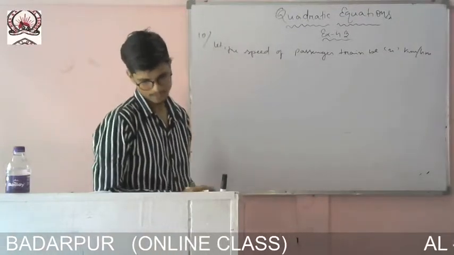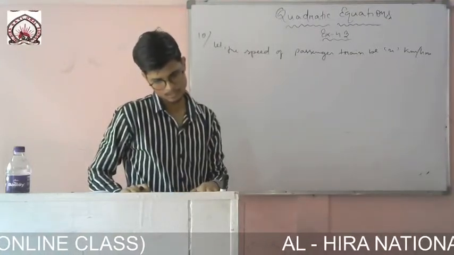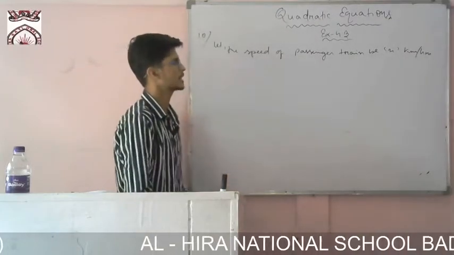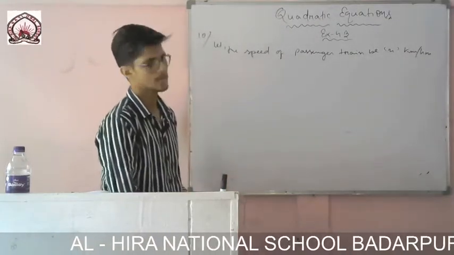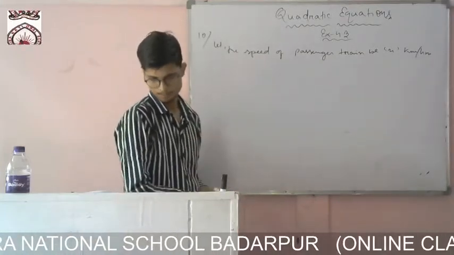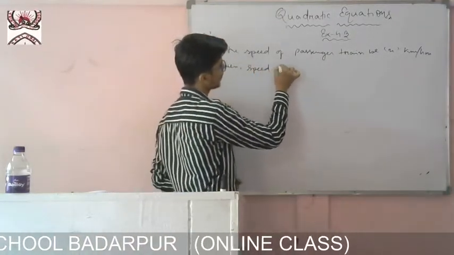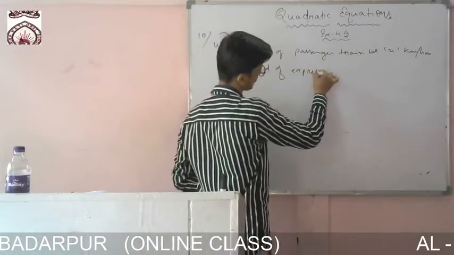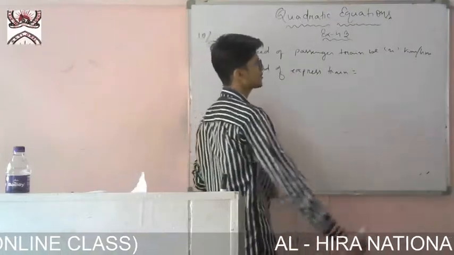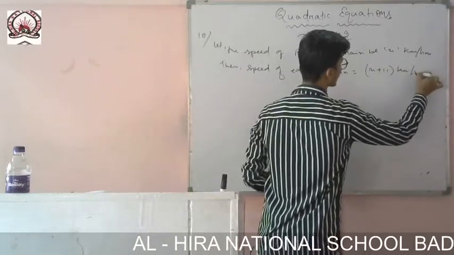Then the express train, it is given that the average speed of the express train is 11 km per hour more than that of the passenger train. So the speed of the express train is 11 kilometer more, so x plus 11 kilometer per hour.